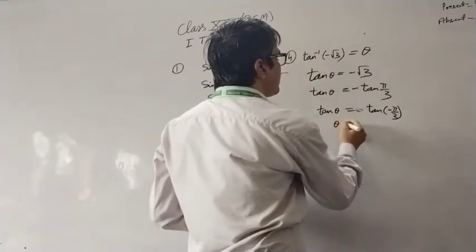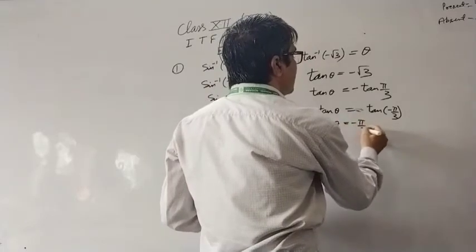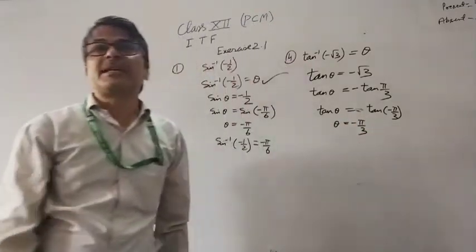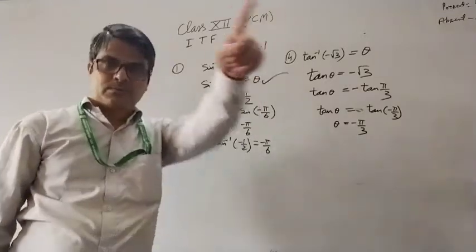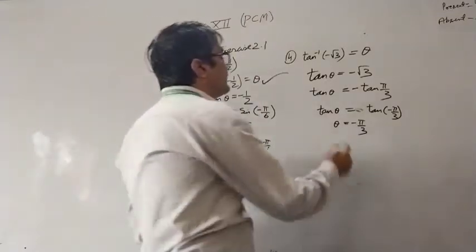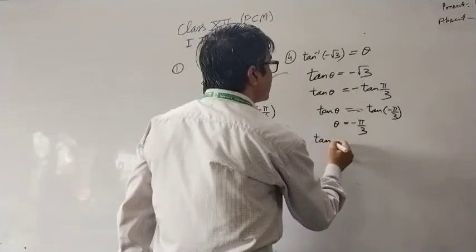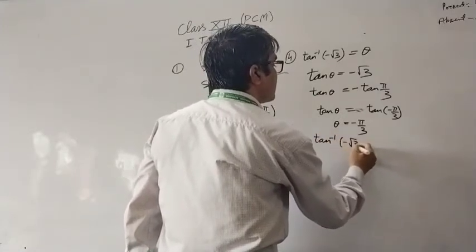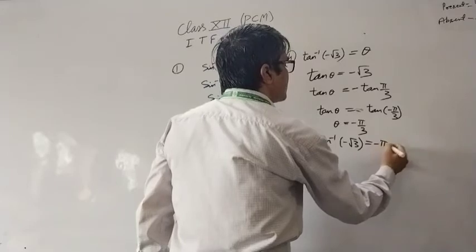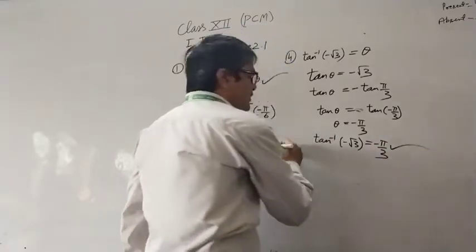So theta is equal to minus pi by 3, range of tan theta is minus pi by 2 to pi by 2. Okay. So what is theta? Theta is tan inverse minus root 3. This is the principal value, this is the principal value.